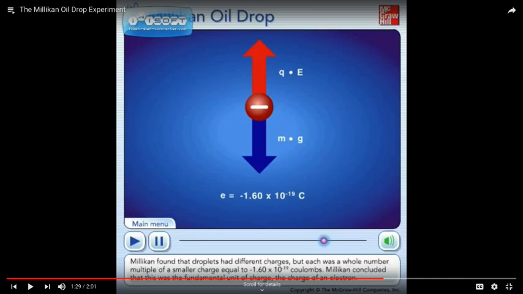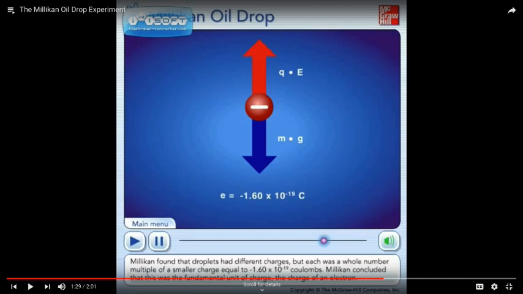He could figure out the mass of the oil particle by watching how fast it fell, because how fast a particle falls depends on the mass and gravity. Gravity's not changing. He could figure out the charge on a particle based on what sort of a field was necessary to suspend it in air, right?